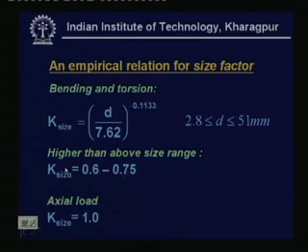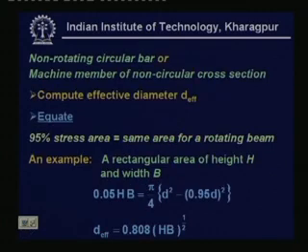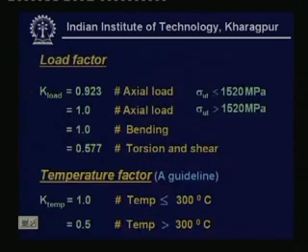It is very difficult to say exactly, but if the size is around 51, it will be maybe around 0.8. If it is around 2.8, it will be nearly 0.9 or so, or maybe a little higher. That way one can find out the size factor. Now, once we have seen this, I suppose we will be able to find out the size factor for a given machine member.